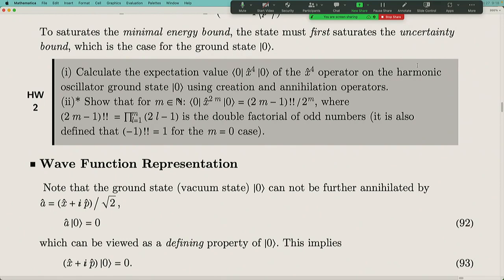The homework 2 was designed to give you an opportunity to exercise the way to compute, for example, physical observables. Because what we want to understand is actually, for example, x, what's the expectation value of position and momentum, and maybe what's the expectation value of x to the 4th power, right? Because suppose I want to evaluate the expectation value of a function of x on the ground state, right?